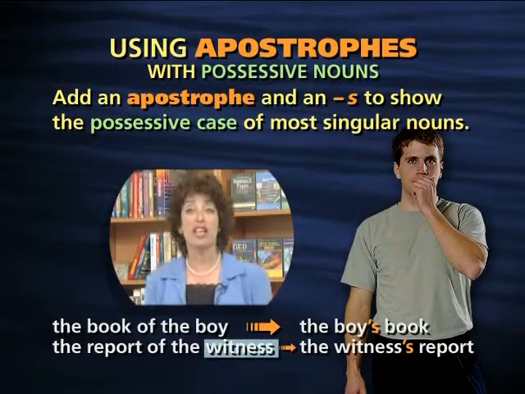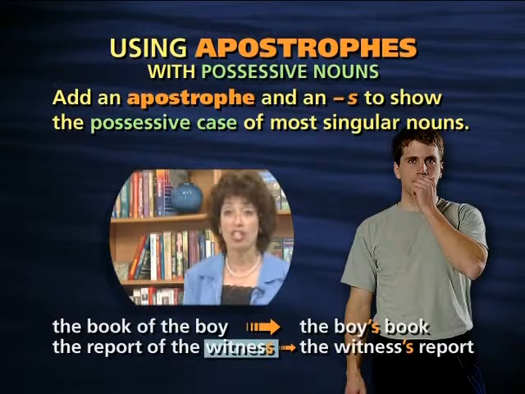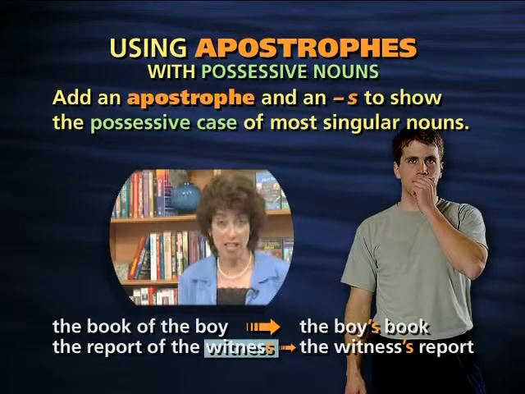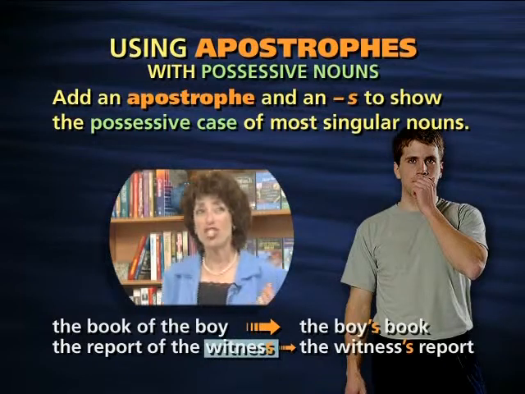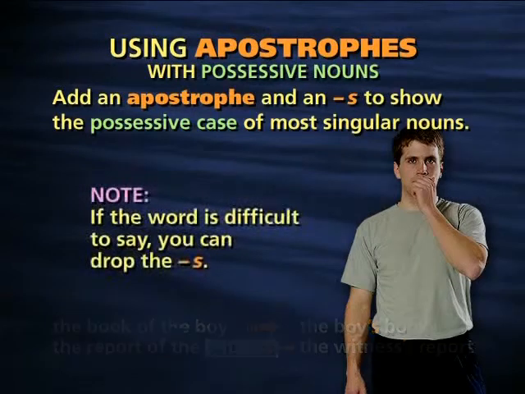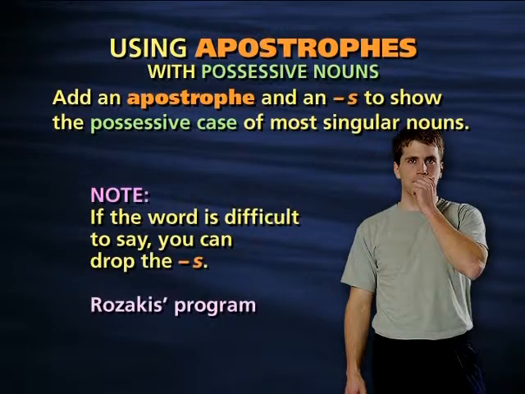Now look at witness. It ends in S. I still follow the rule. I put apostrophe S. But you say to me, gee, that sounds a little silly. It's got 3 S's in a row. Well, if the word is difficult to say, you can drop that S. So Rozakis' program should be Rozakis, apostrophe.